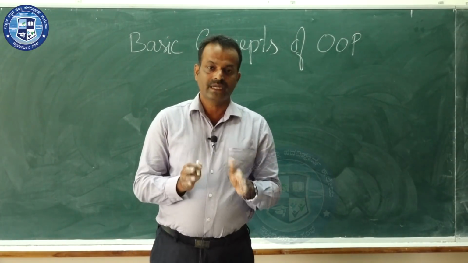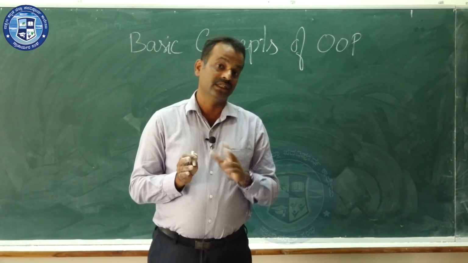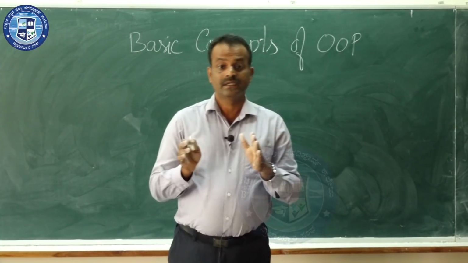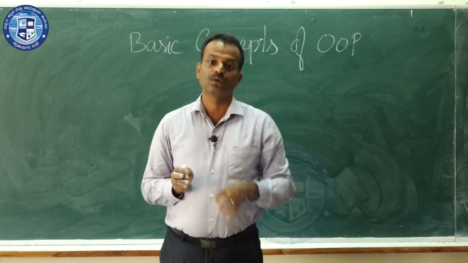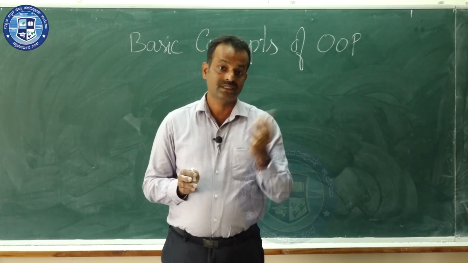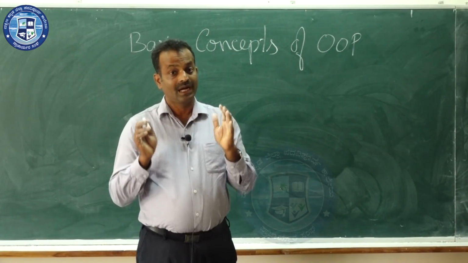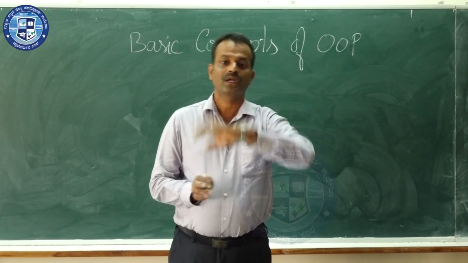So when it comes to inheritance, you need to understand these two points: the base class and the derived class. The base class gives the properties to the new class, and the derived class takes the properties from the existing class. Now a class can inherit properties from one or more classes.